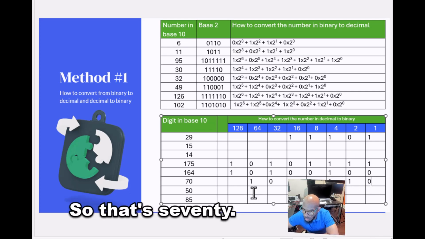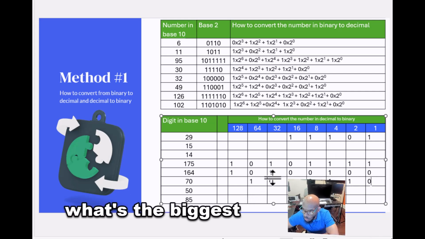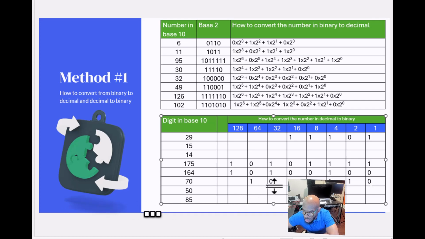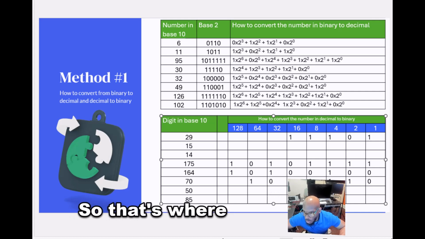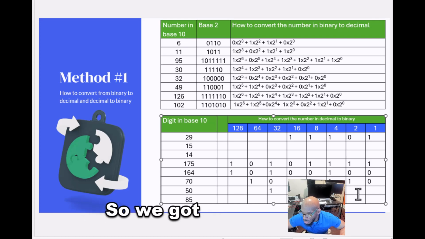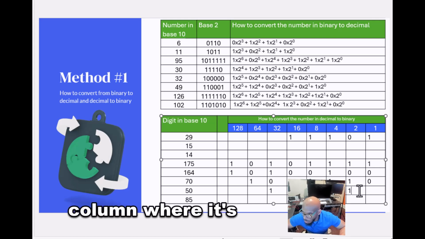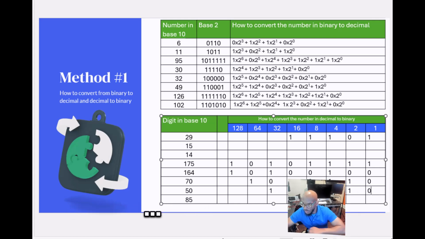So that's 70. For 50, what's the biggest number that'll go into 50 without going over? That's 32. So that's where our first weight would be. Then 32 and 16 is 48. So that'll leave us with 2 more left. So we put a 1 in the column where there's 2. And that's how you do it.